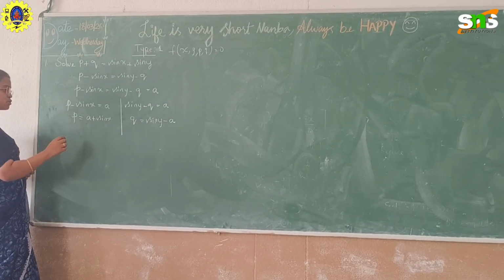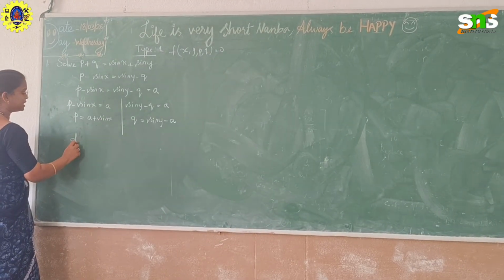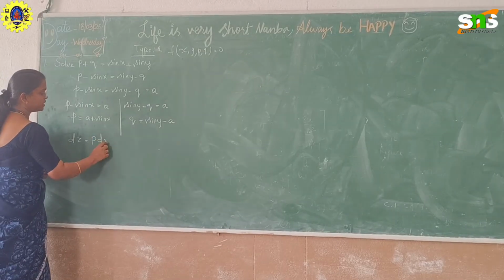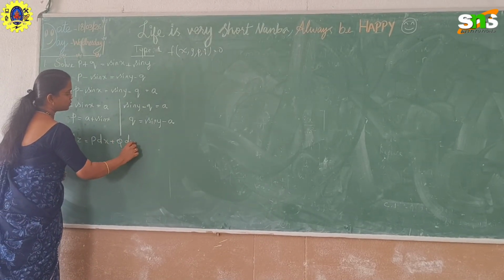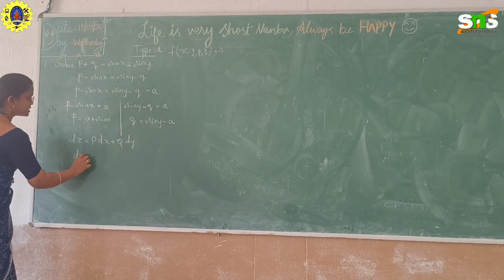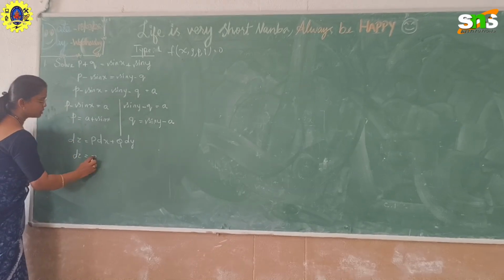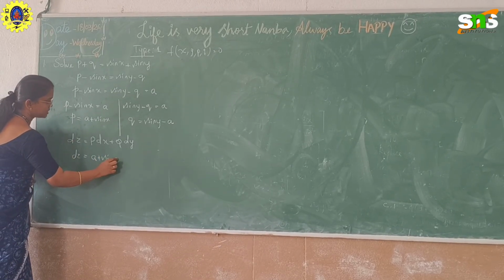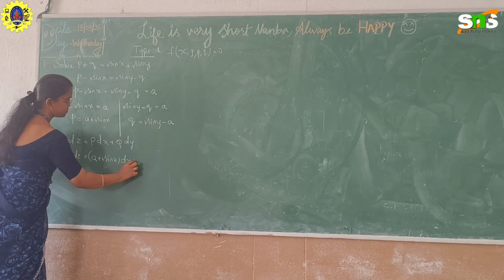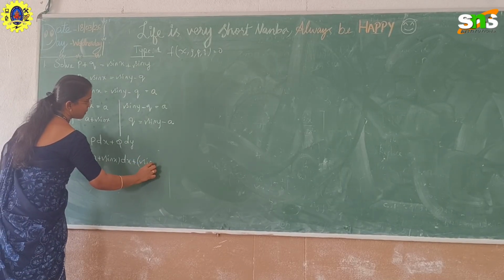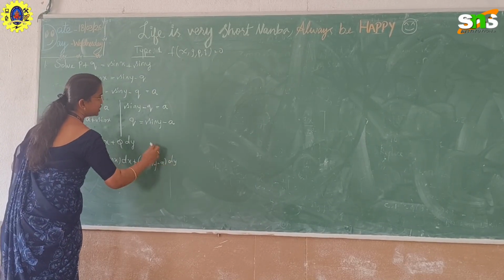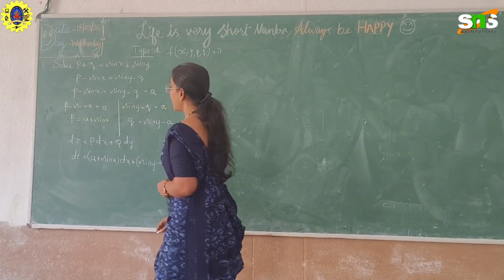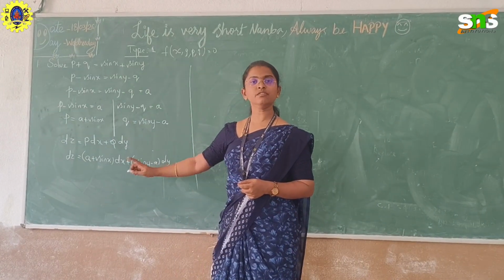Then you have to substitute this p and q in dz is equal to p dx plus q dy. So dz is equal to, what is the p value? a plus sin x into dx plus sin y minus a into dy. Now I am going to integrate both sides.